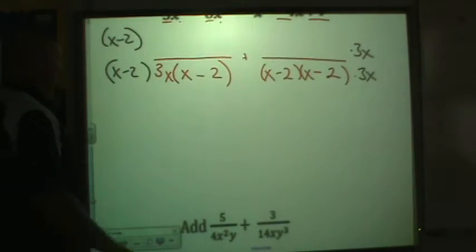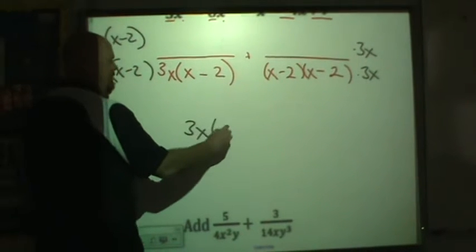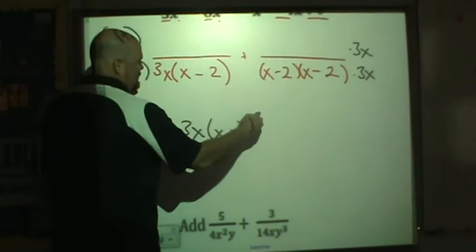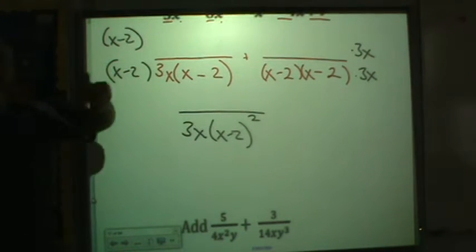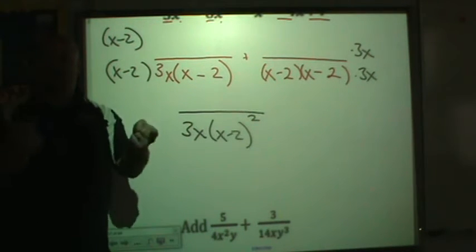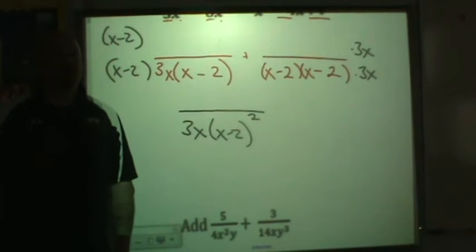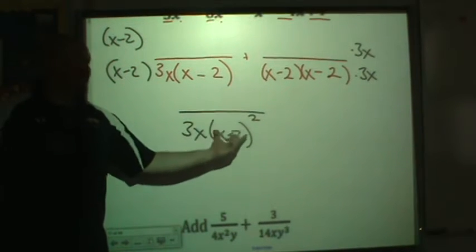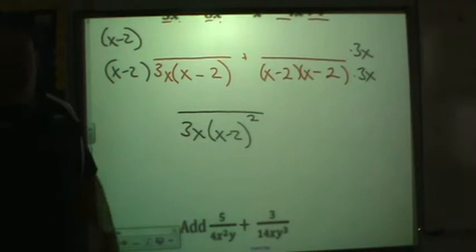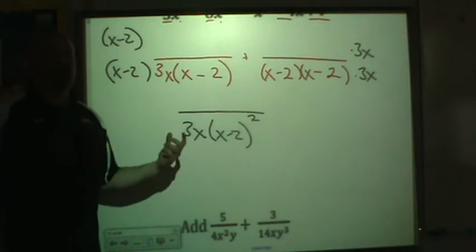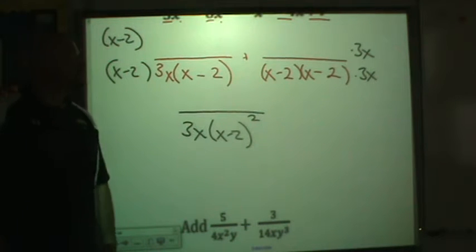So my final denominator would be 3x, x minus 2, watch this, x minus 2, quantity squared. I have two x minus 2's, right, as binomials, so I can say that that is squared. The entire binomial is squared. Not to be confused with the difference of squares and conjugates, that's different, right?